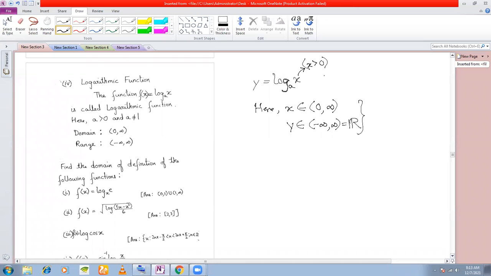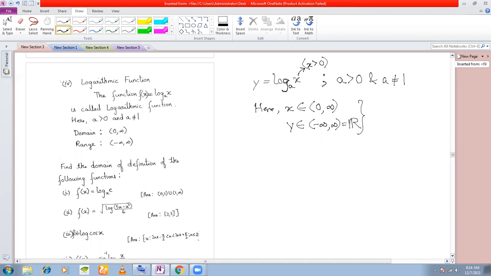But what about the base of a logarithm? The base of a logarithm, remember, is always positive, and the base cannot be equal to 1. We never take the base of a logarithm to be equal to 1. So remember these conditions for logs. First, the domain is any positive number.